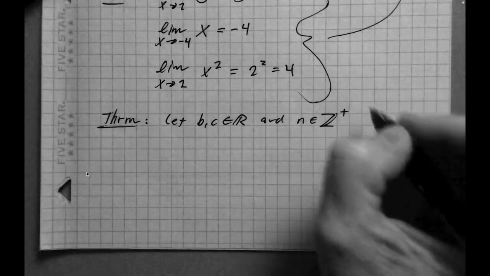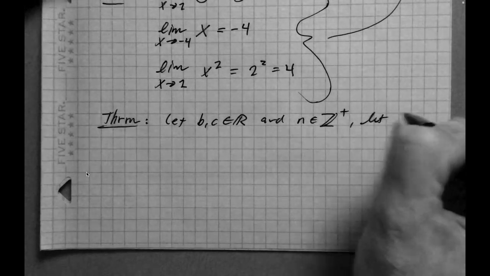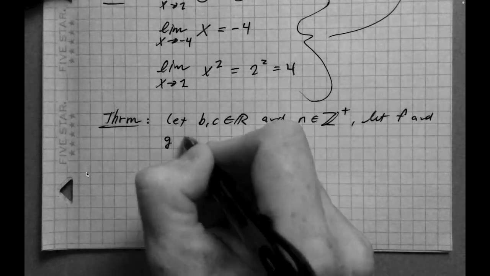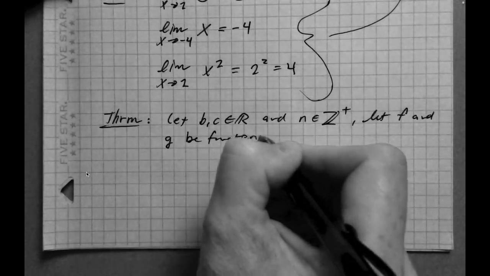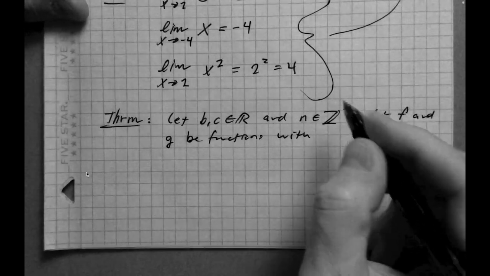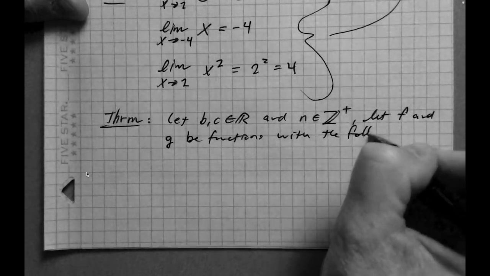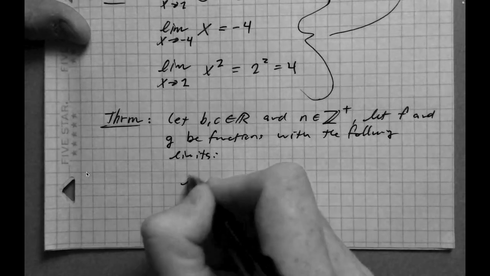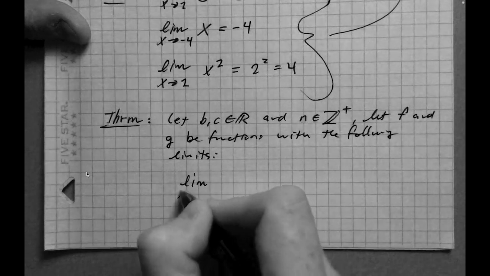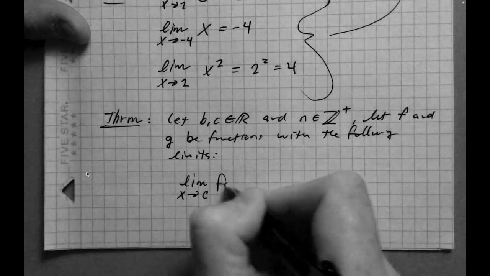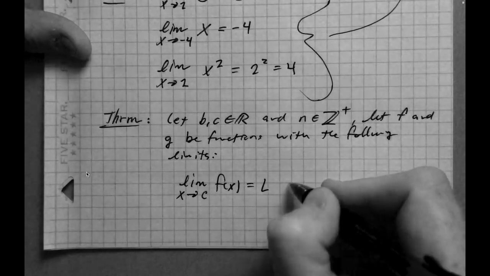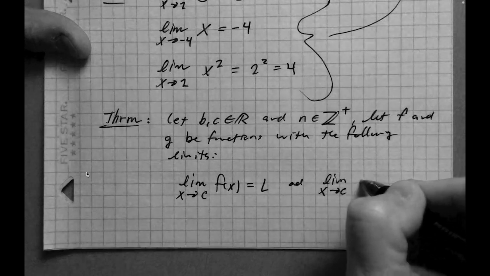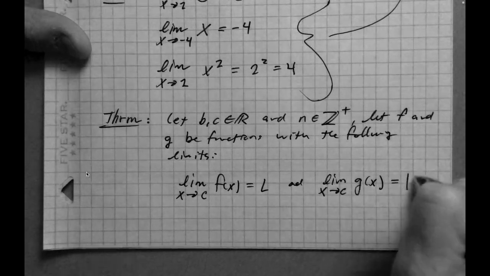Then we'll also let f and g be functions with the following limits. We'll say that the limit as x approaches c of f(x) is equal to L, and the limit as x approaches c of g(x) is equal to some other value k.